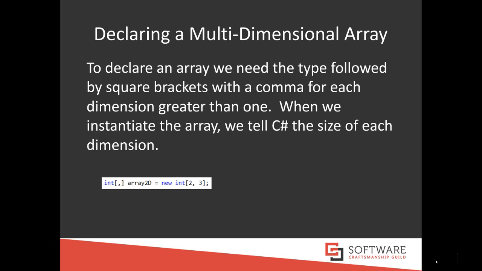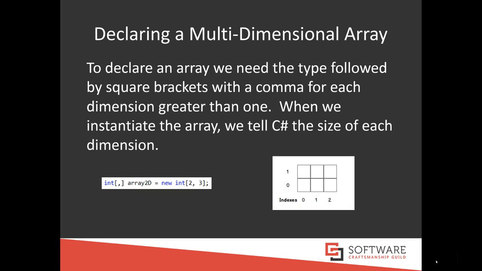We're going to say int array with a comma inside it. That comma means that there's 2 dimensions, and when we access the array, we're going to do dimension 1 position, comma, dimension 2 position. So this will create a 2 by 3 array, and it's going to look something like that. If we had 2 commas and 3 numbers, we would end up with a cube structure.